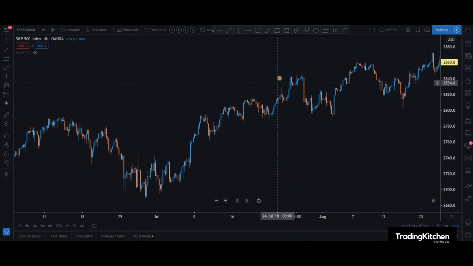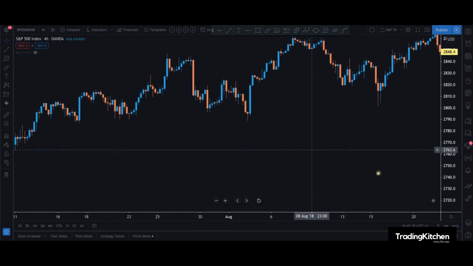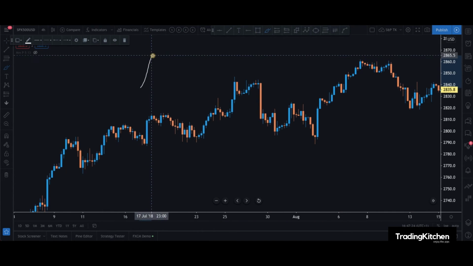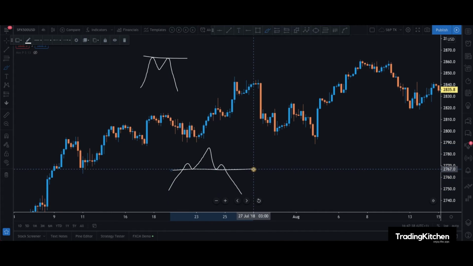as you can see in this case as well, the graph conformations are not so pure. Okay, so you will never see a double top like this. You will never see a head and shoulders like this, pure.